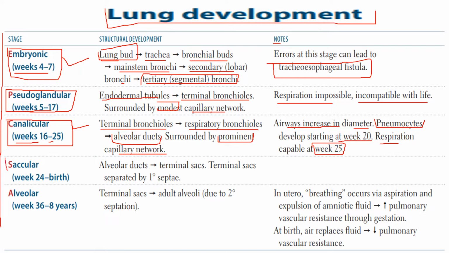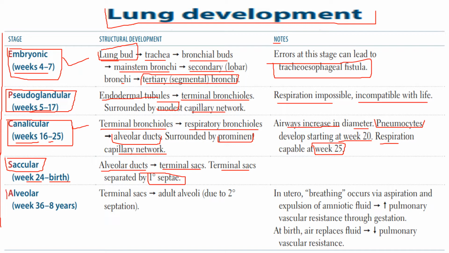Fourth one is the saccular stage, which lasts from week 24 to the birth, which means week 38. From alveolar ducts, terminal sacs get developed. Terminal sacs are separated by primary septae.